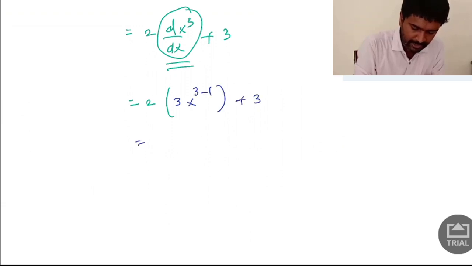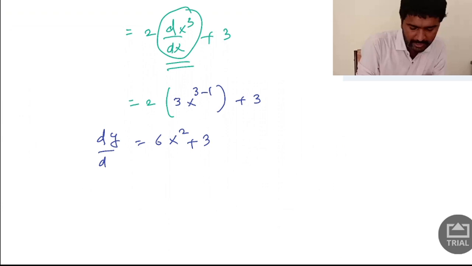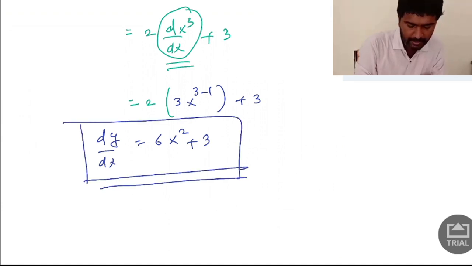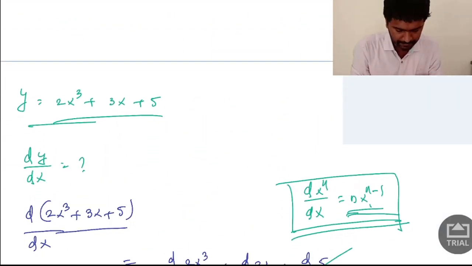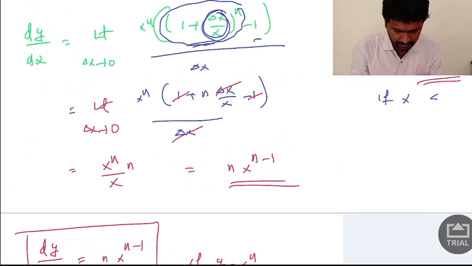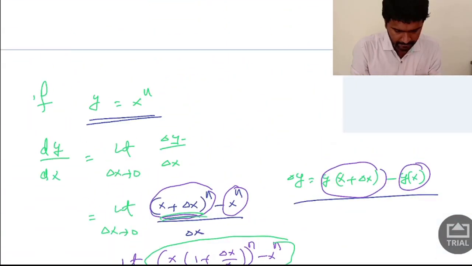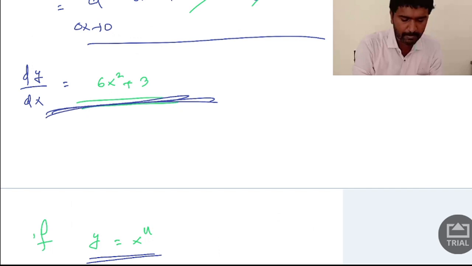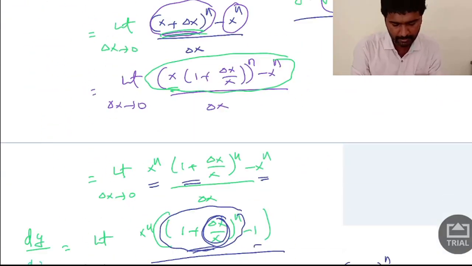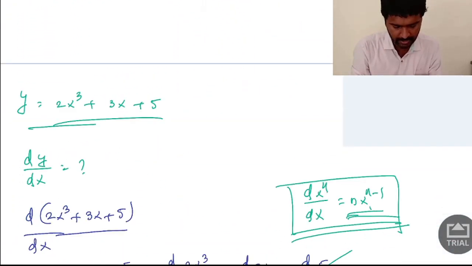So that is 2 into 3 is 6, x power 2, plus 3. So this is your dy by dx. So we got the same result here also, 6x square plus 3. The same answer we got here also.